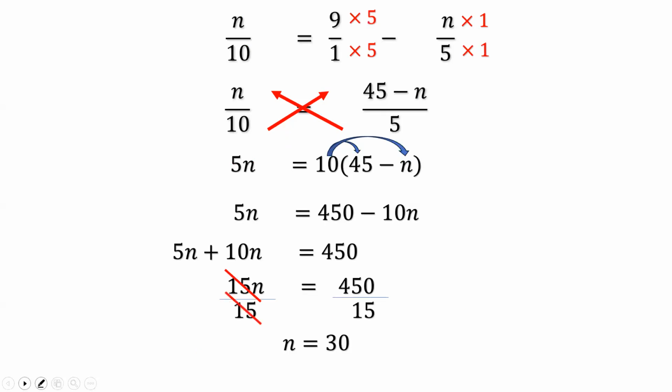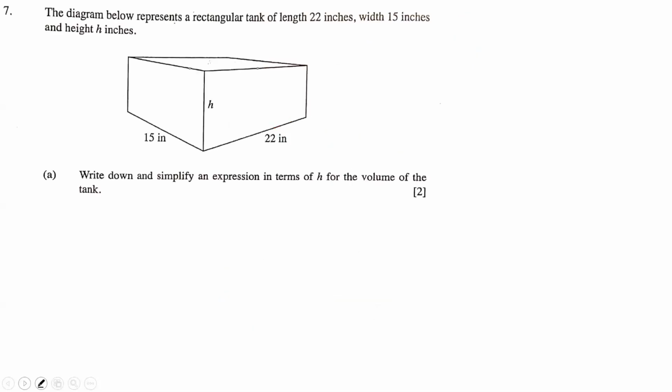The next question is number 7. It says the diagram below represents a rectangular tank of length 22 inches, width 15 inches, and height 8 inches. So write down and simplify an expression in terms of h for the volume of the tank. So we know that the volume of this shape is going to be length times width times height.